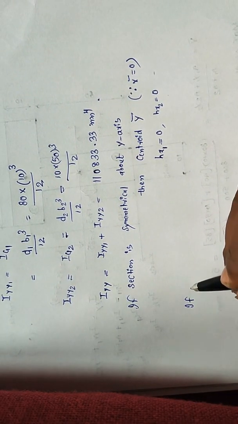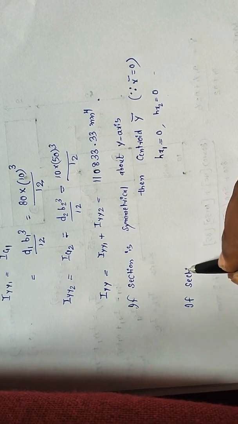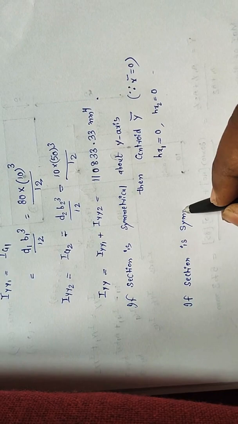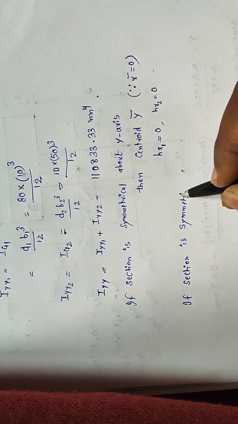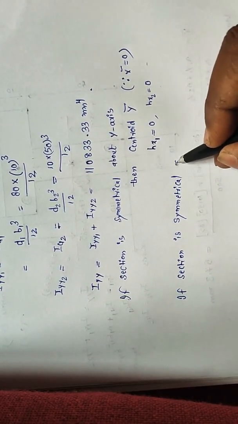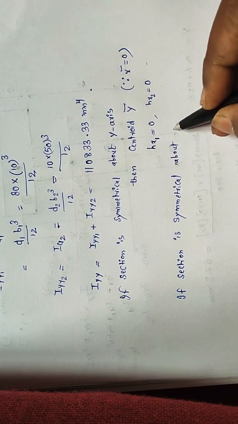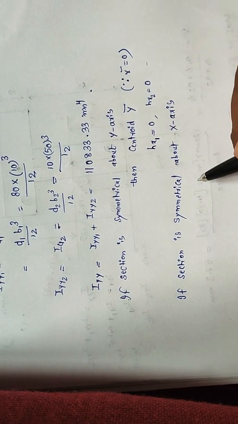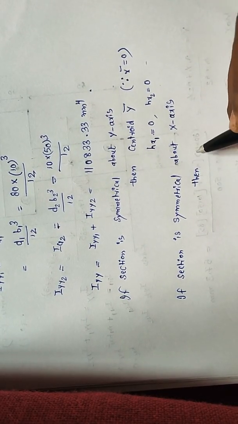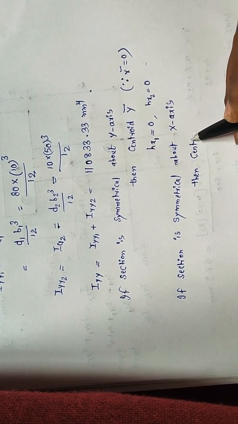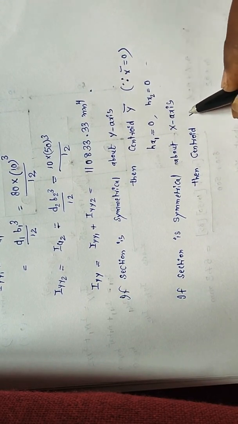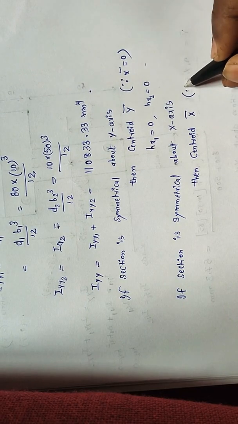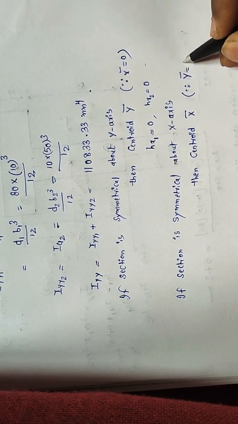If that given section is symmetrical about x-axis, like channel section, then you are going to find centroid formula x bar equals A1 x1 plus A2 x2 by A1 plus A2, there y bar will become 0.